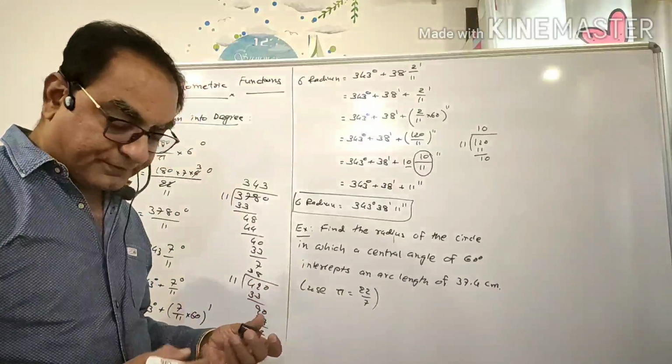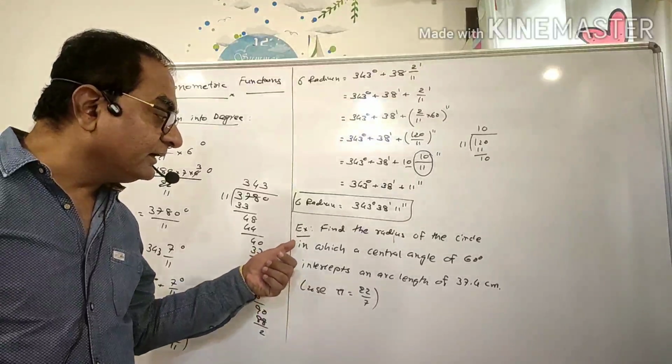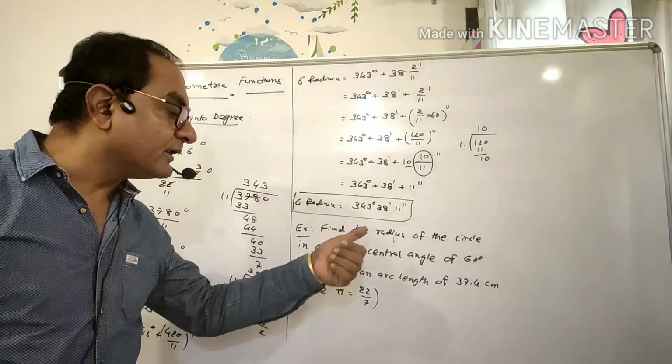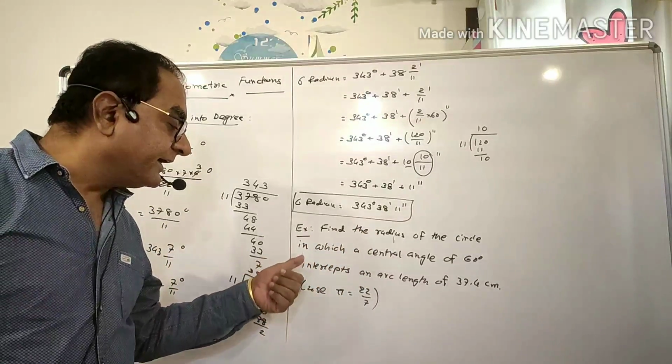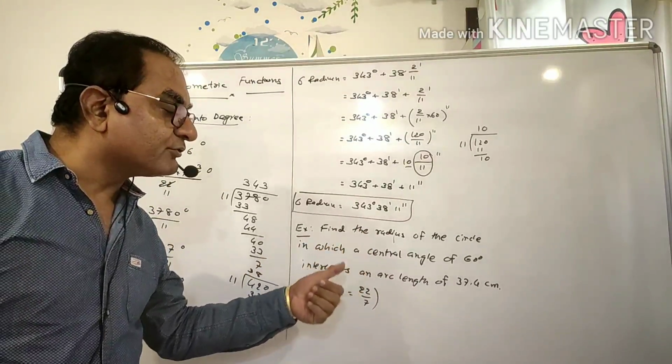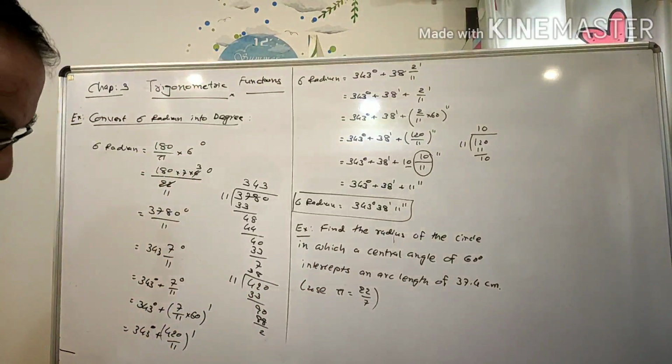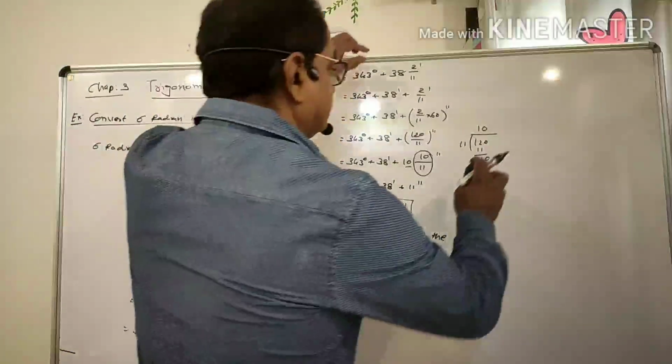Here we will see the example. Find the radius of the circle in which a central angle of 60 degrees intercepts an arc length of 37.4 centimeter. Use pi equals 22 by 7.